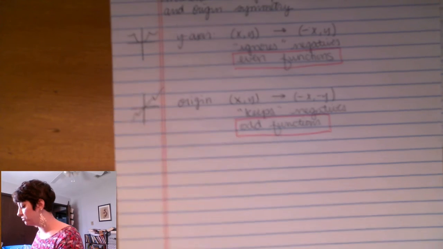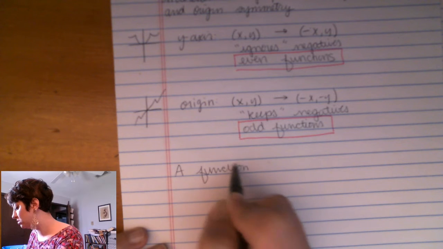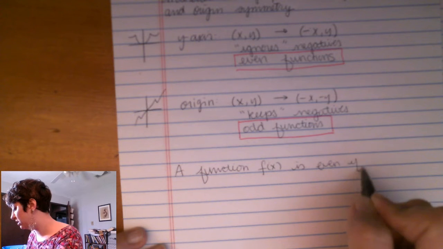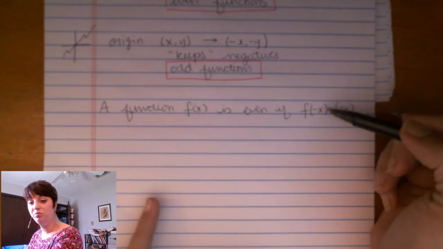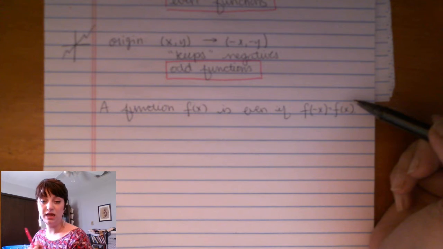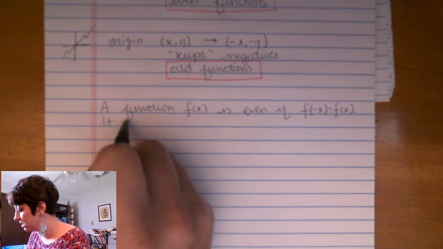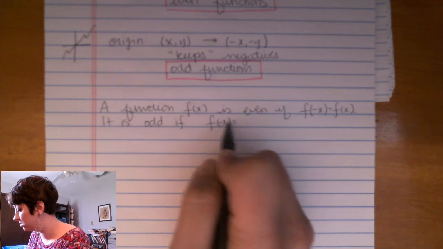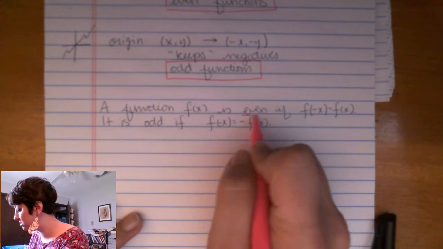Here's our actual definition. A function f is even if f of negative x equals f of x, meaning you plugged in negative x, you still got the same output. It is odd if f of negative x is negative f of x.